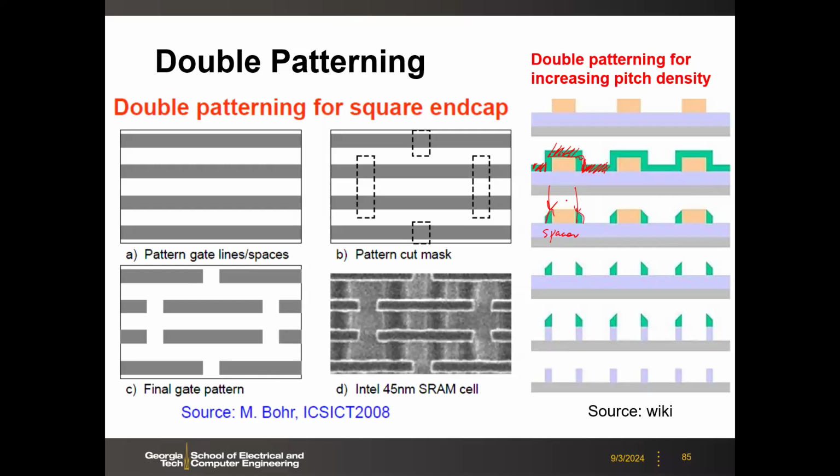And then you etch away this dummy step. So what is left is this sidewall or spacer, which is only a few nanometers thick, because you can define how thick you deposit this green material. So use this as a hard mask to further etch down the silicon.